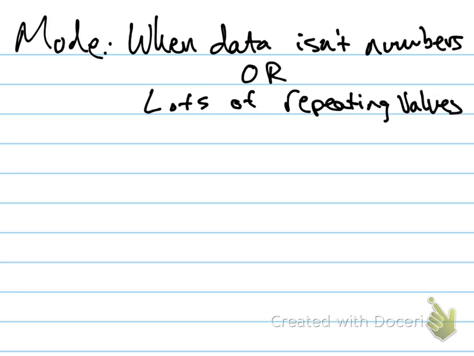Okay, so if I asked favorite flavors of ice cream, we would probably describe this with mode. Or if I happen to see a set of data like the ages of 6th grade students that had a lot of 11s in it, then sometimes that's going to work. But we still want to make sure that those repeating values aren't skewing our data.